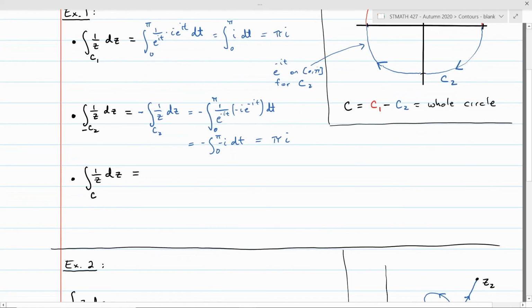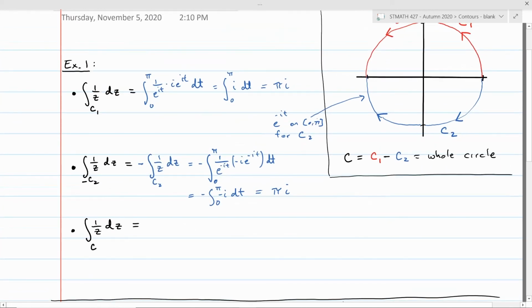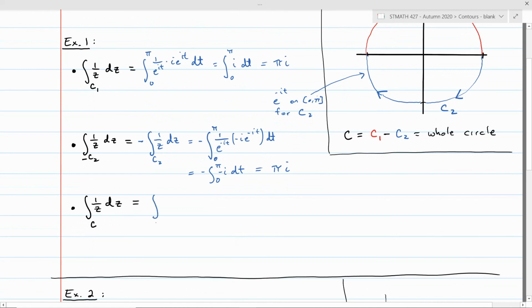And now for the bottom integral, the integral along the whole curve C, which is really C1 minus C2, I could write that as the integral along C1 minus C2 of 1 over z dz. And then I could break that up as the integral of 1 over z dz along C1 plus the integral along negative C2 of 1 over z dz. And we already did both of these integrals separately above, and so we end up with pi i plus pi i, or 2 pi i.